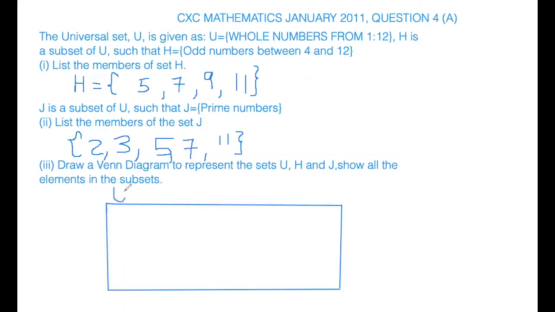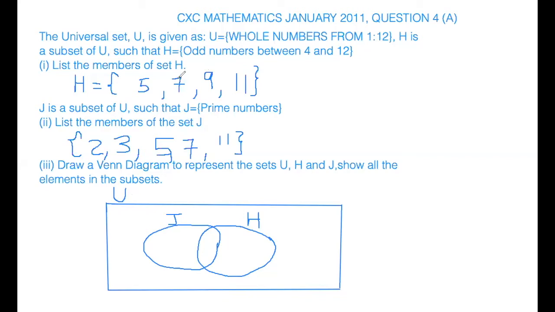This box represents the universal set, where we'll have all the elements in H, J, and U. So this is set J, set H, and outside represents the set that is not in H or J, but is in the universal set.